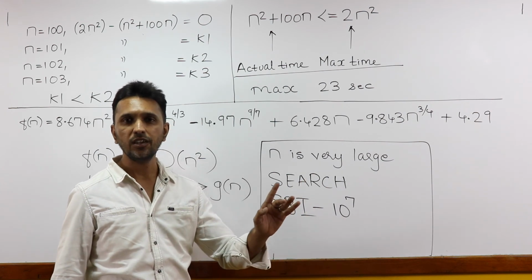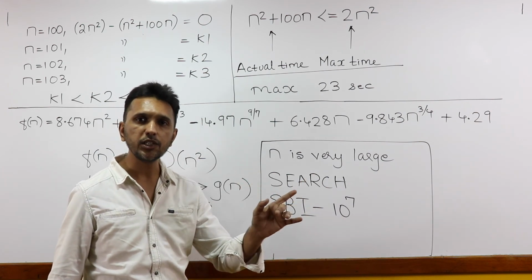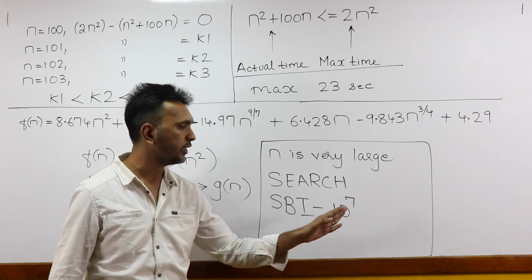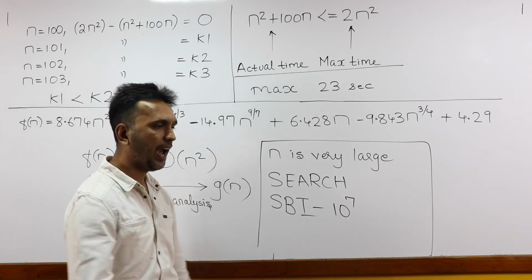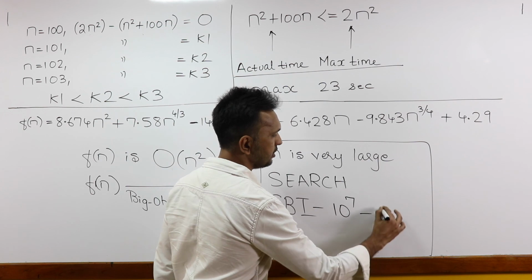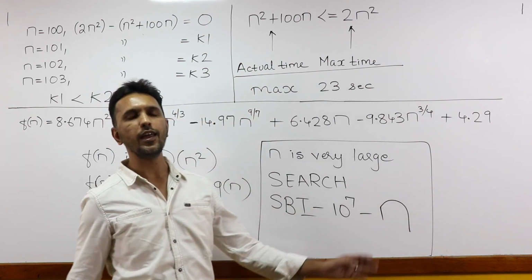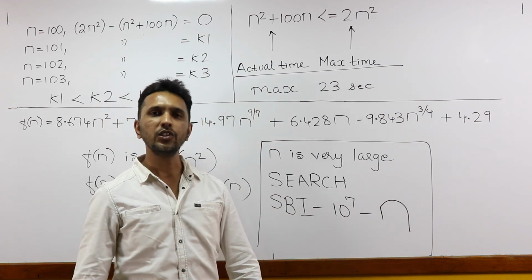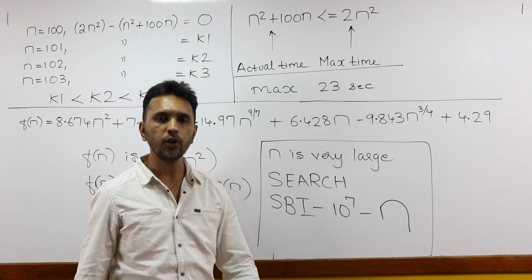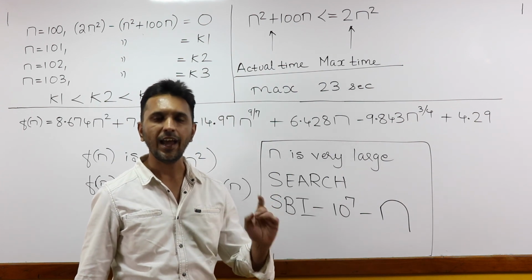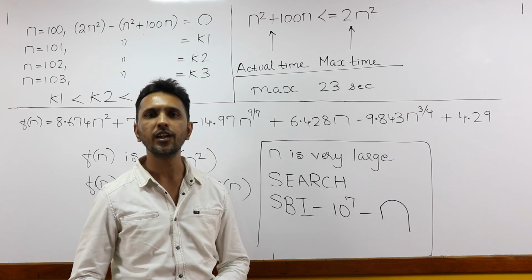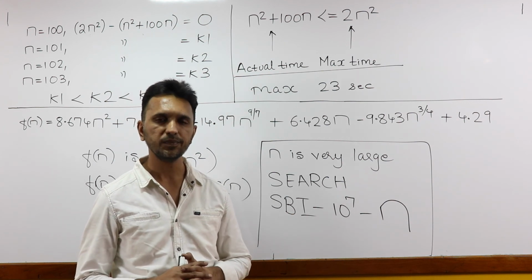In other words, the program of the ATM machine is working on 10 raised to 7 elements, and this 10 raised to 7 elements is nothing but n, which is very large. So the real world programs work on a large value of n, and that is why we also consider n to be very large.